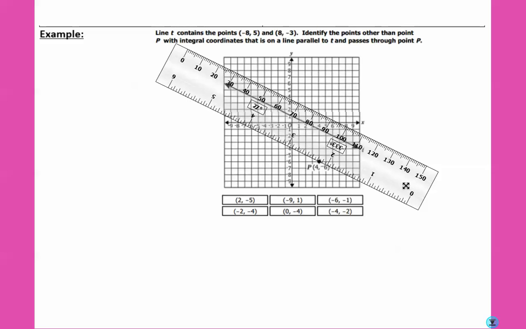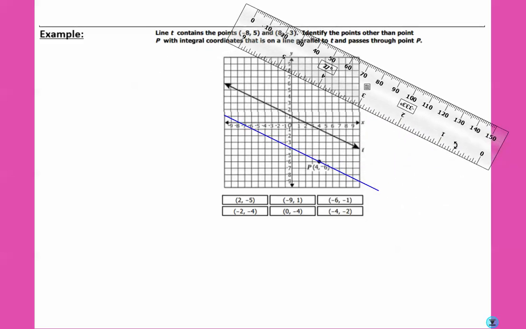So I'm going to line this up with point P, and now I'm going to draw a line. Move my ruler out of the way so it's easier to see. And now I'm just going to check and see which of these points are on the blue line I just drew.